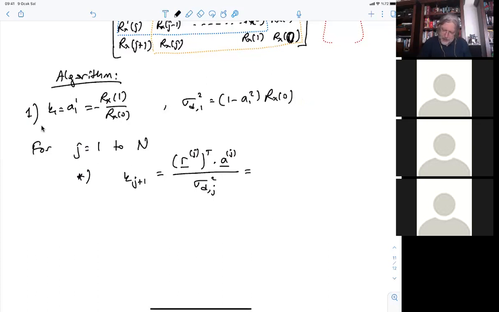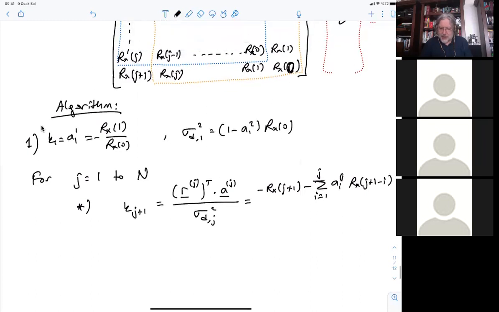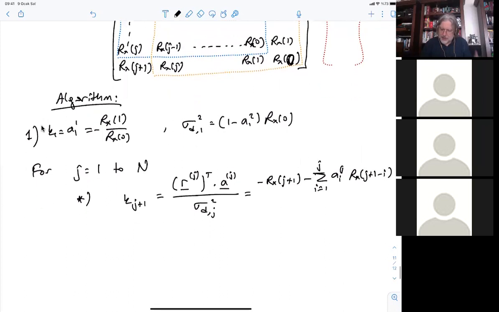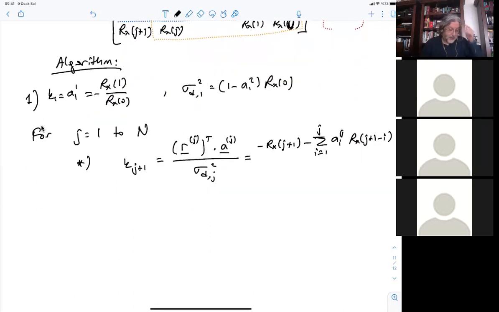And this is equal to, in explicit form, Rx j plus 1 minus summation i from 1 to j of ai from j times Rx j plus 1 minus i. It looks awkward, I'm aware of that, but all these equations come from the sub-matrix depiction, and we didn't see the derivation of these things, but they are available, divided by sigma dj squared.